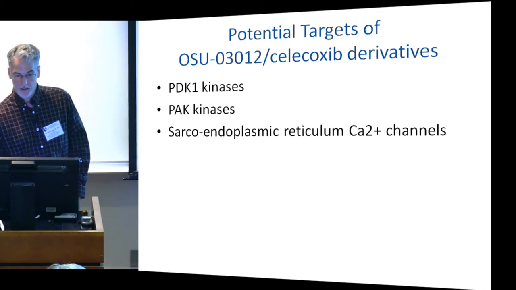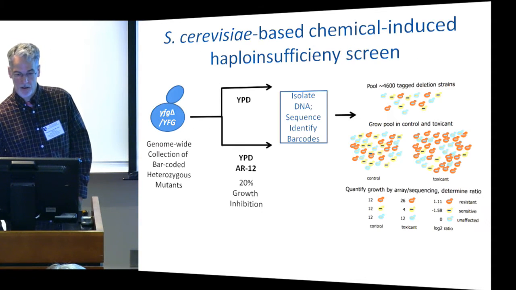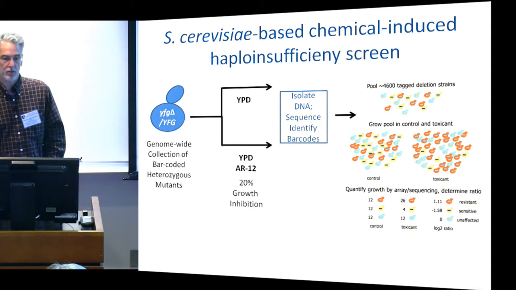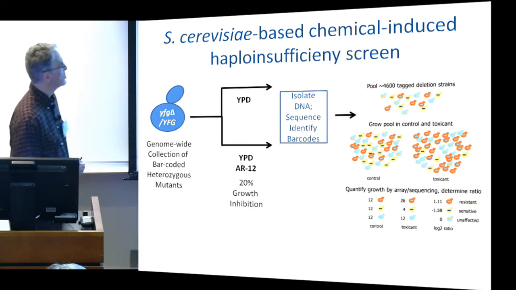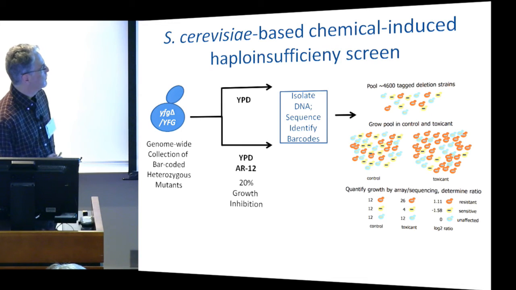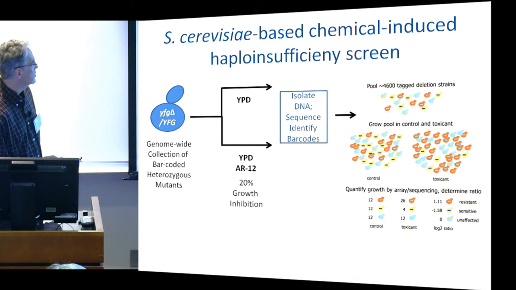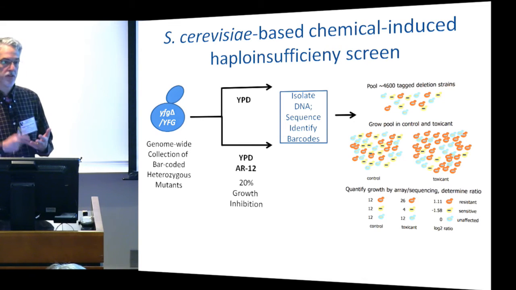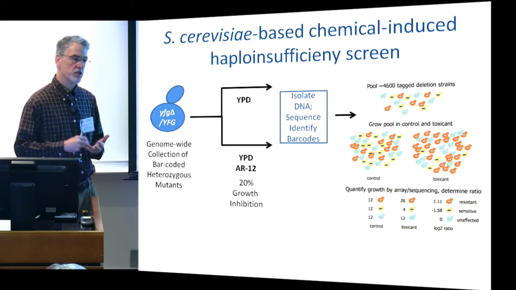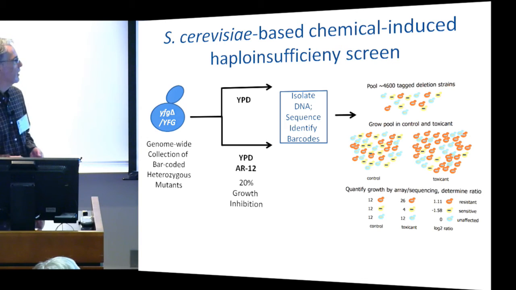And so taking a page from Terry's and the Toronto group's approach, we did a chemical-induced haploinsufficiency screen. We did the entire genome collection of both, so these are heterozygotes of both essential and non-essential genes. And as Terry pointed out yesterday, probably more eloquently, we grow in YPD and then we grow in drug.